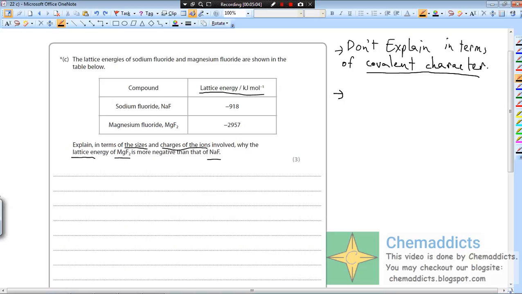There is another point. If you have noticed, here the cations are different. The question has asked in terms of sizes and charge, so we will compare size and charge.